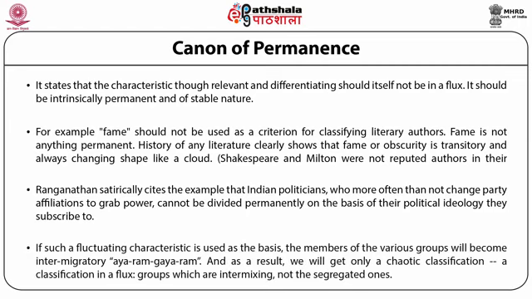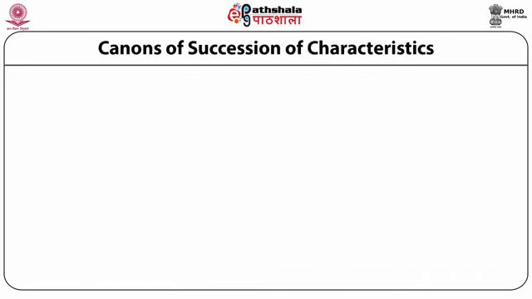If such a fluctuating characteristic is used as a basis, the members of the various groups will become intermigratory, Aya Ram and Gaya Ram, as they call them. And as a result, we will get only a chaotic classification, a classification in a flux, groups which are intermixing, not segregated ones permanently.